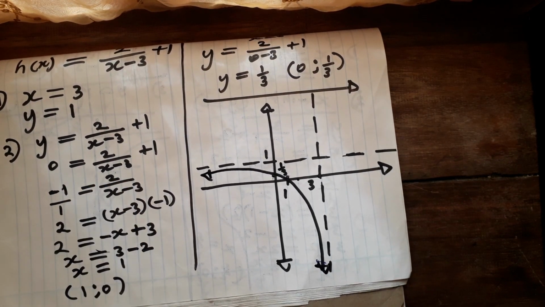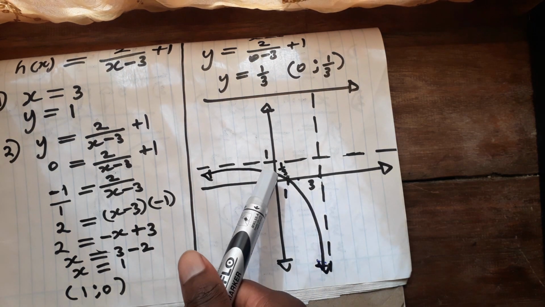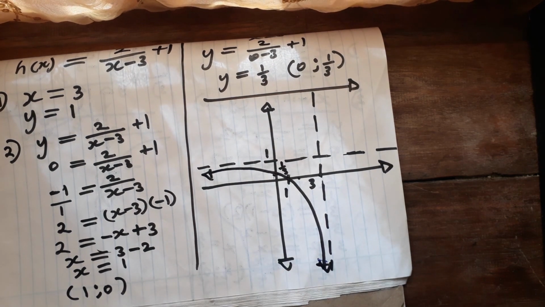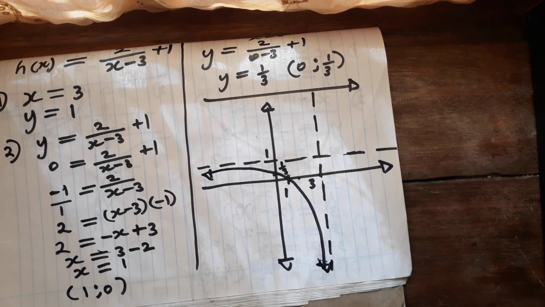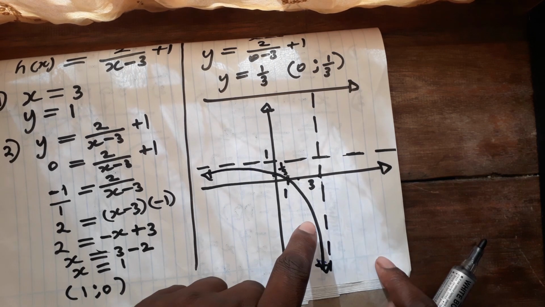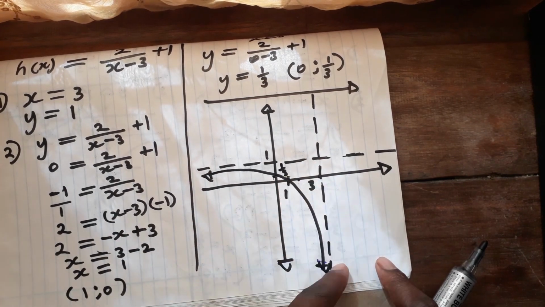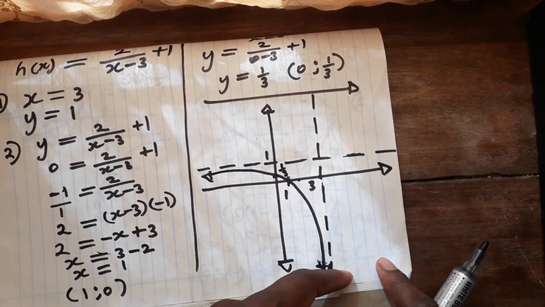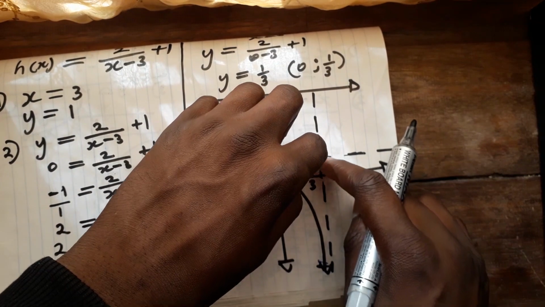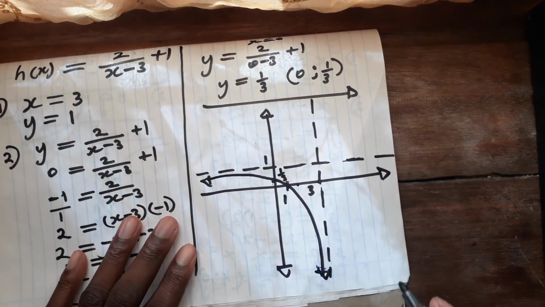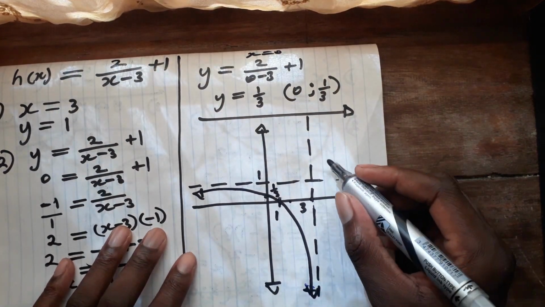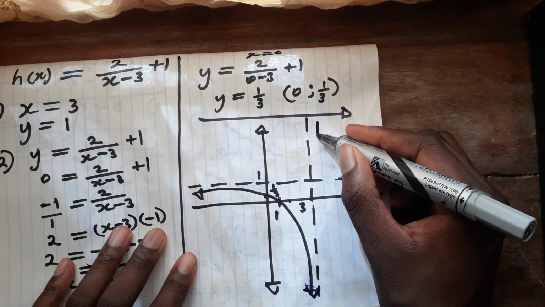And then the other copy, as you can see that this one already took the y and the x-intercept. The other copy has to be between the asymptotes. Actually, all this graph must be between the asymptotes, like this one. Even this one must be between the asymptotes. It means that the other copy will be somewhere there. You just draw it like this.